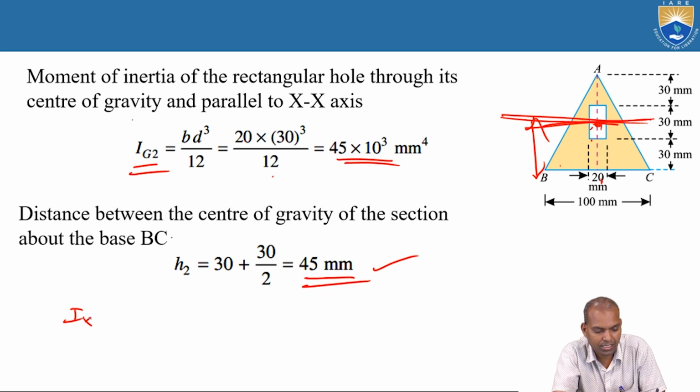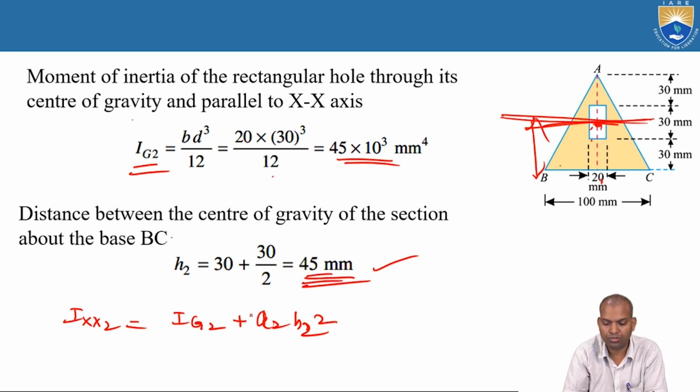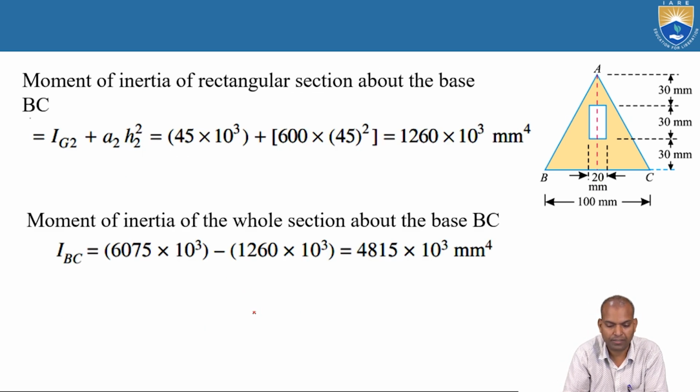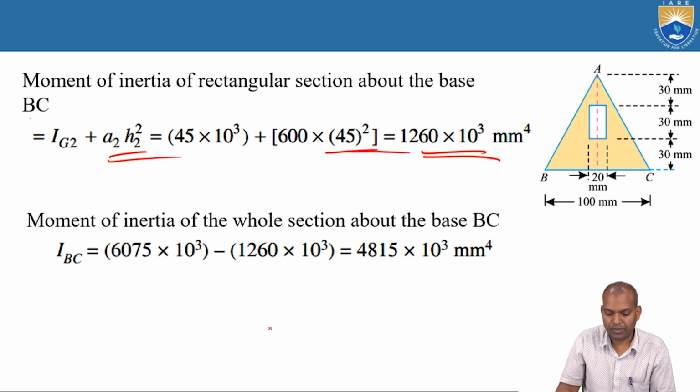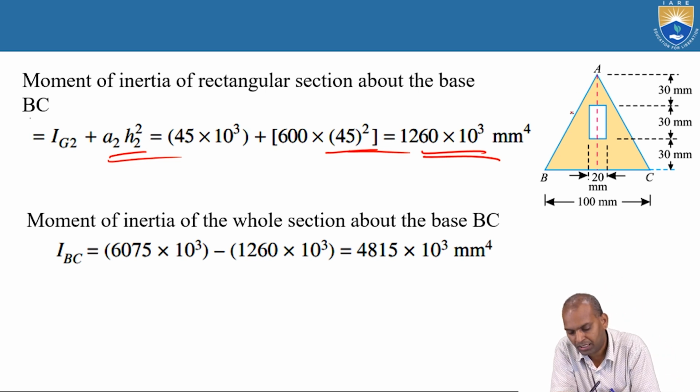Now what is Ixx2? Ixx2 equals Ig2 plus A2 h2 squared. This h2 becomes 45, A2 is 30 times 20. Now it is 1260 times 10 cubed millimeter to the power 4. Now the moment of inertia of the whole section about the base equals the triangular section minus the rectangular section.